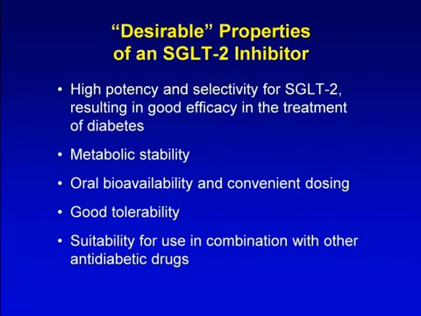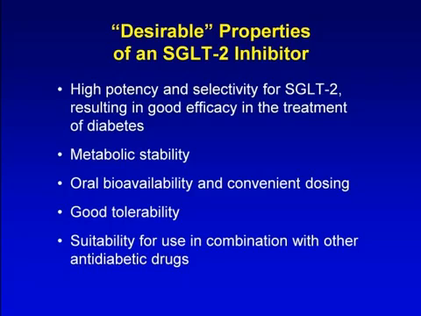So what are the desirable properties of an SGLT2 inhibitor? They should have high potency and selectivity for the SGLT2 molecule, resulting in a good efficiency in the treatment of diabetes. They should have metabolic stability and shouldn't be broken down very easily.